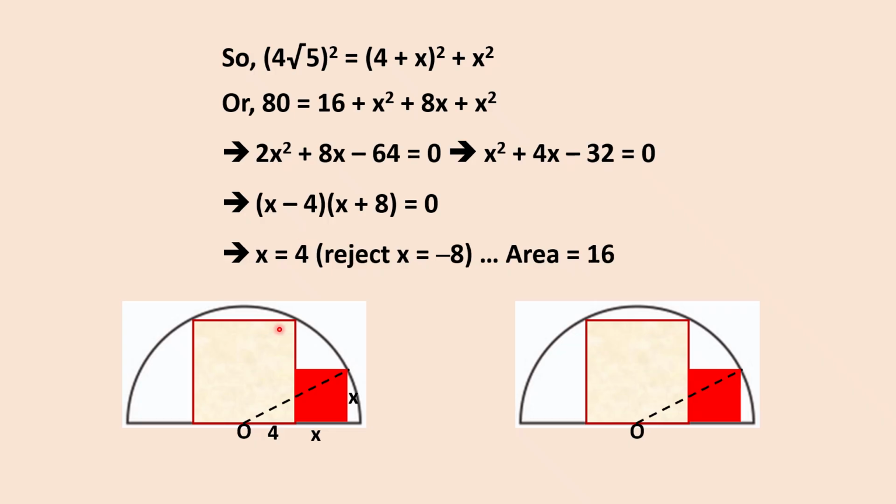From the blinking right angle triangle, 4 root 5 whole square equals 4 plus x whole square plus x square.